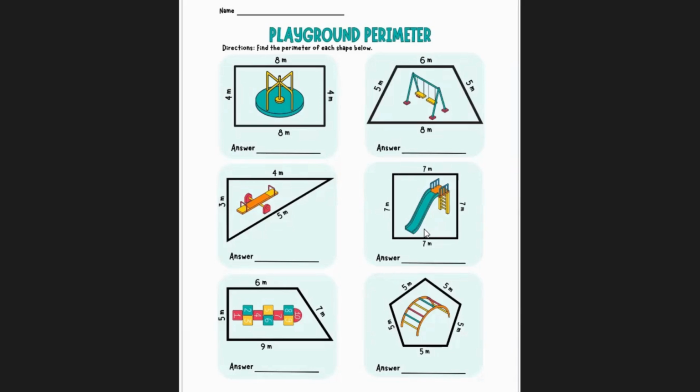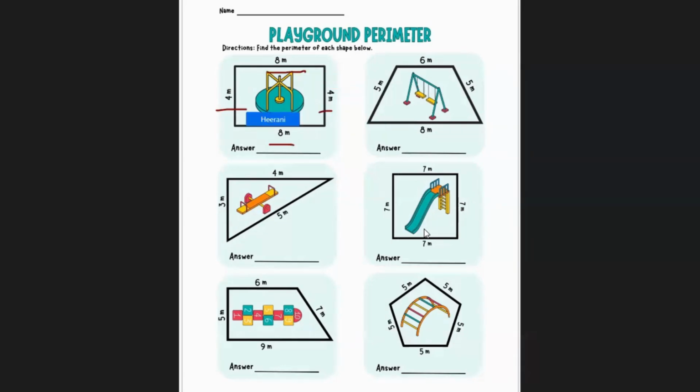So, for example, in question number 1, we have a rectangle. The total length around this shape is going to be our perimeter. If you look at the figure, we are given the individual length of each side: 8 meter, 4 meter, 8 meter, another 4 meter.